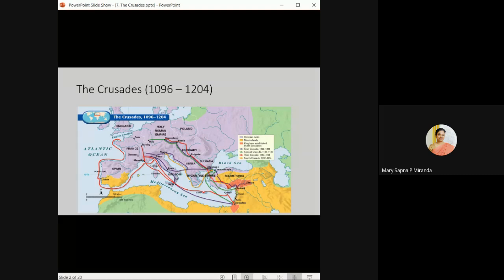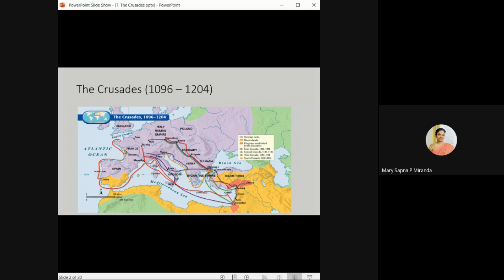So now this is a map showing us the different crusades that were fought between 1096 and 1204 AD. You can see this purple color is your Christian land, Christendom, right?